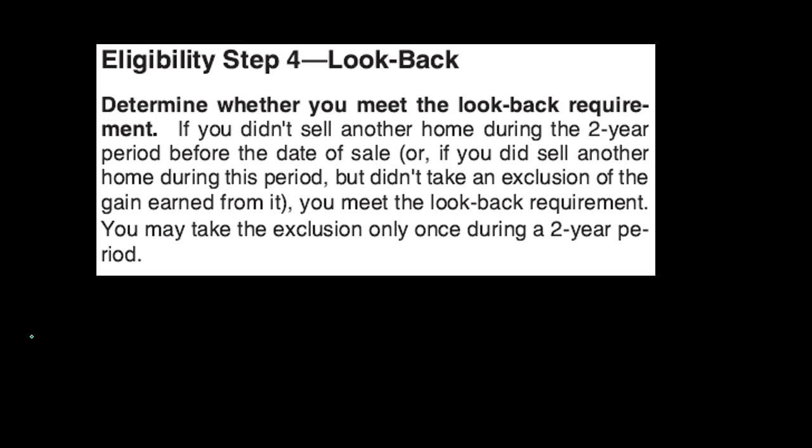So in other words, if we take the look back time, the IRS is saying you don't want to see a double up on this type of exclusion. So if we took an exclusion in the prior 2-year time period, then that would be something that would restrict us possibly from taking the exclusion in this time period.